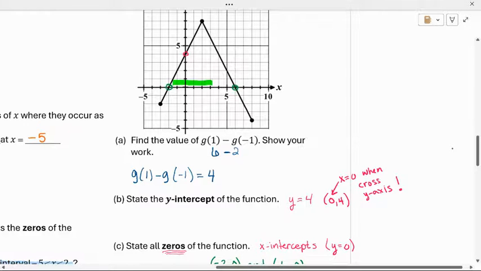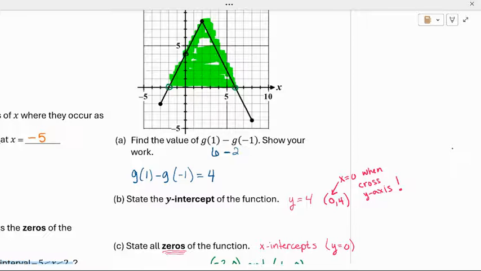So in between these two numbers, my function has outputs that are positive, right? My graph is negative between this interval and this interval. We're trying to find between what two x values the function is positive.